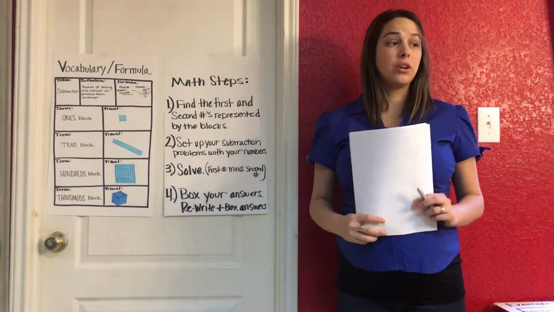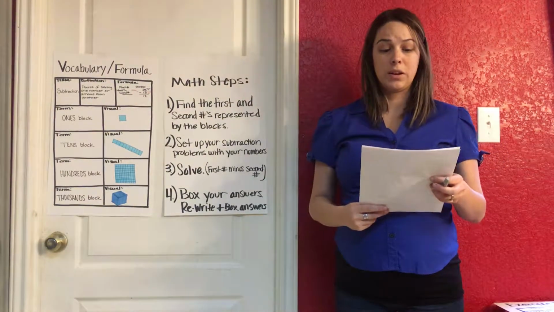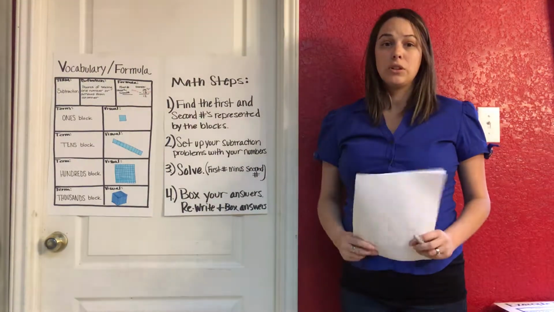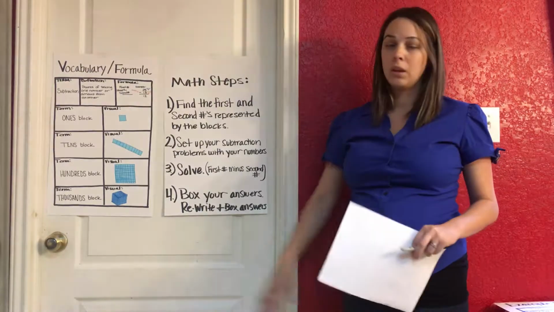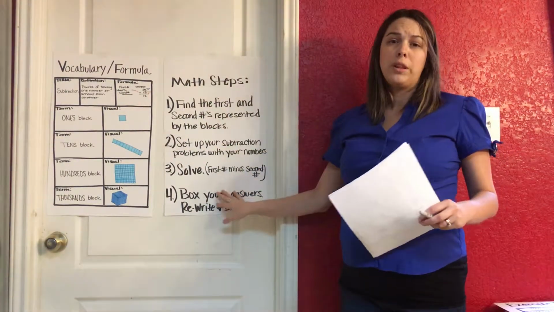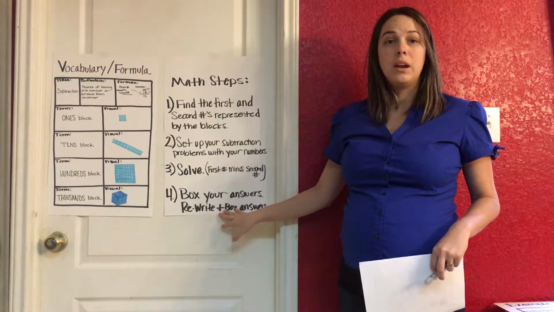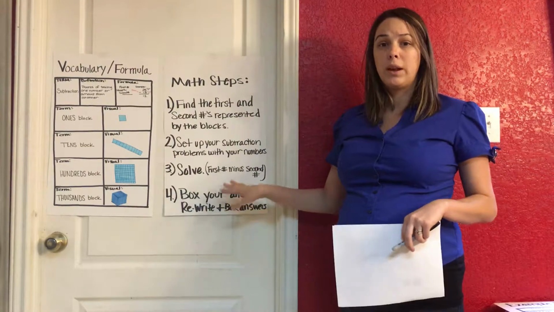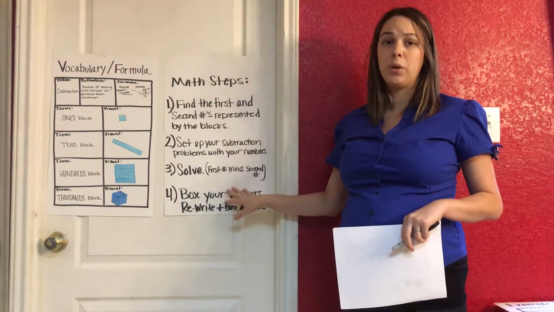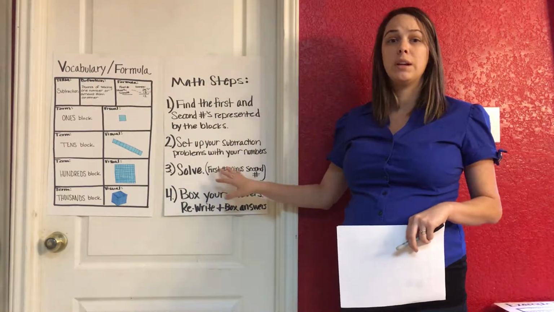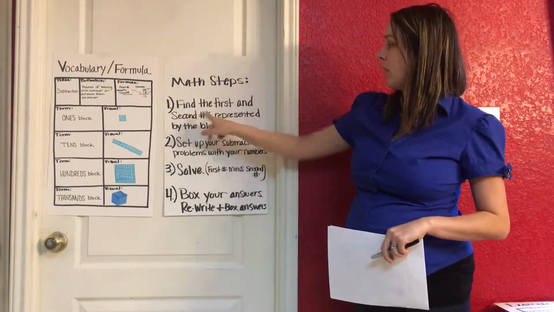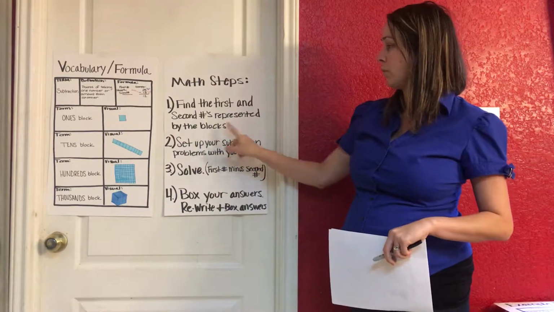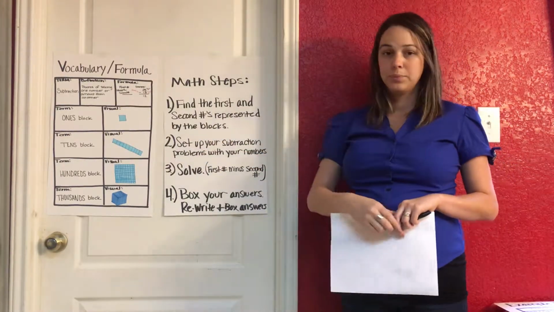Now, if you'll please take out your math notebooks, I'd like you to write down some math steps. These are the steps that we'll be using to solve our problems. I'll also leave them on the board throughout the example problems so you can see them there as well. Step 1: find the first and second numbers represented by the blocks.